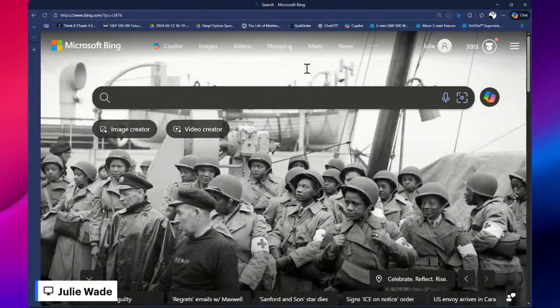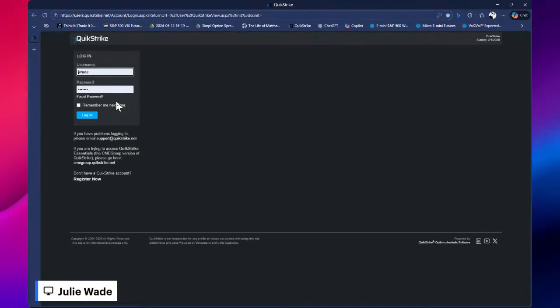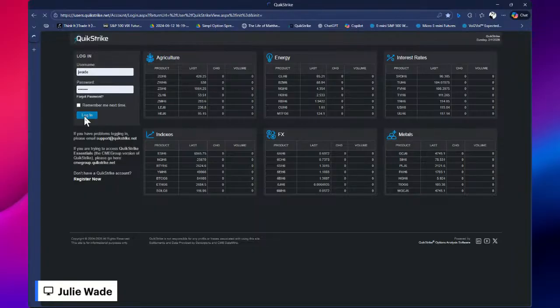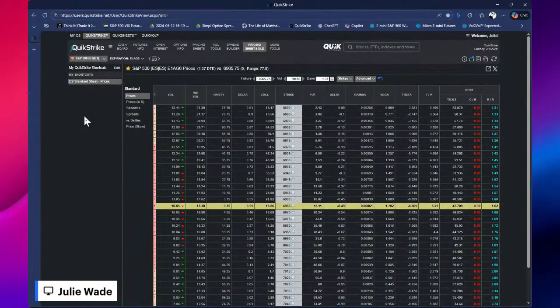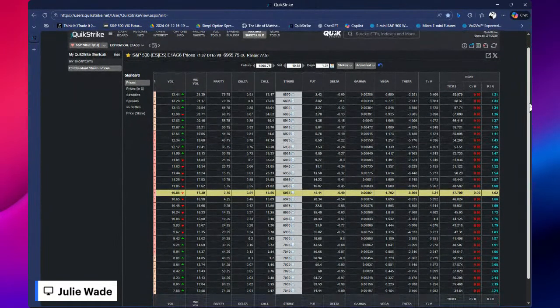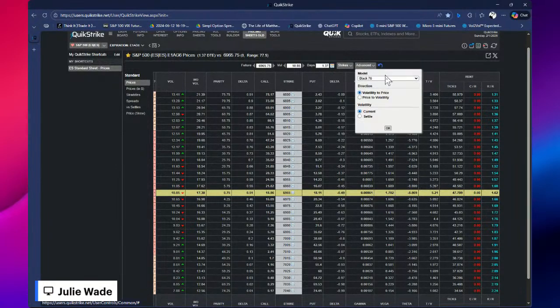QuikStrike and sign in and take a look at the ES for the day, because it gives me the advanced analytics. Right here I can change my model, and I can change the way it calcs, or if I run it off the current session or the settlement.